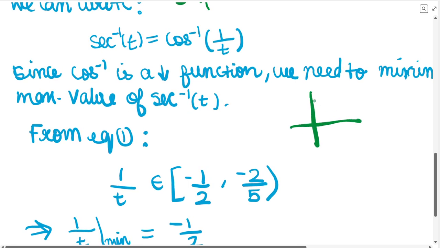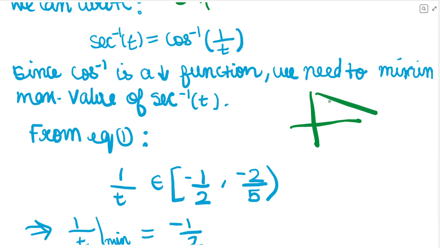Whenever we have a decreasing function, in order to obtain the maximum value of y, we need to look for the minimum possible value of x. That's why we minimize this, because cos inverse is a decreasing function.